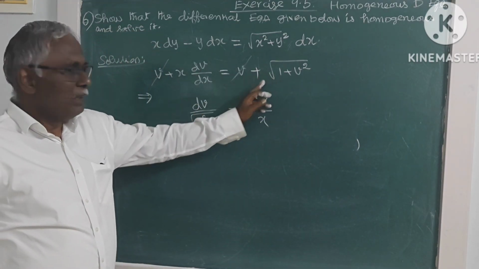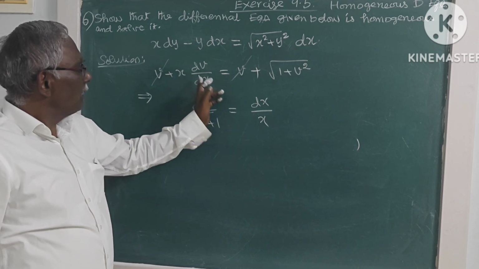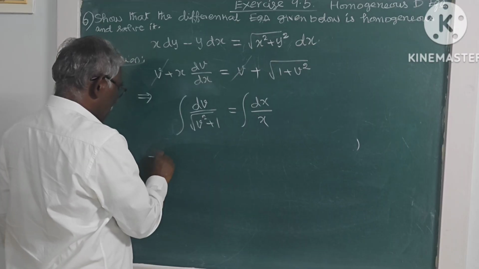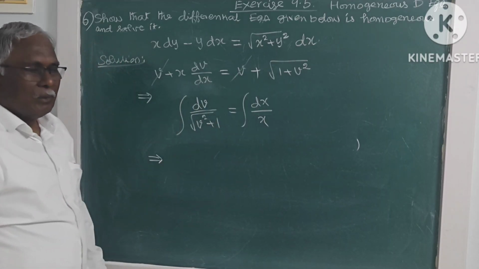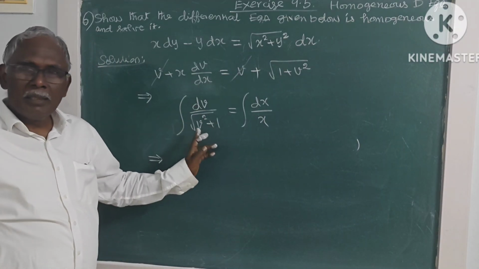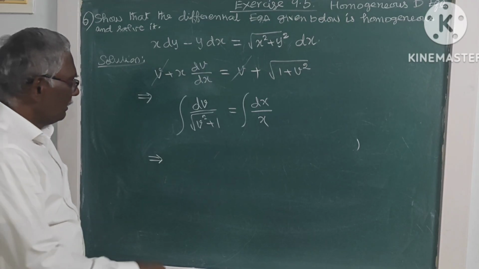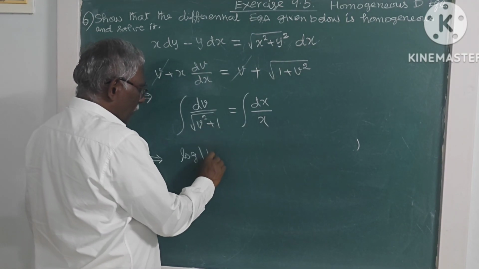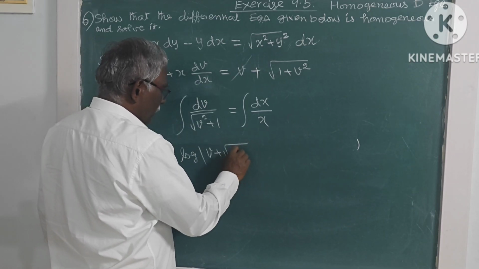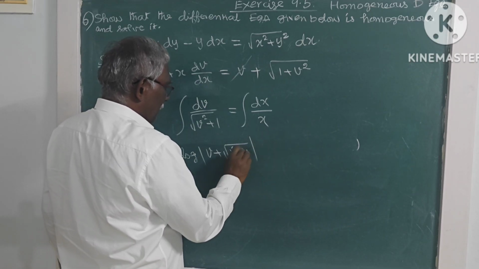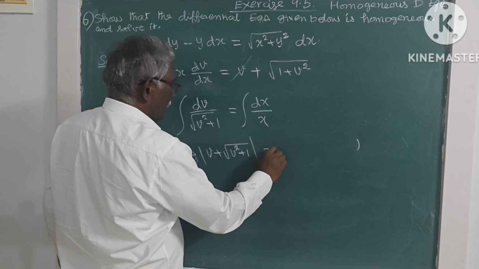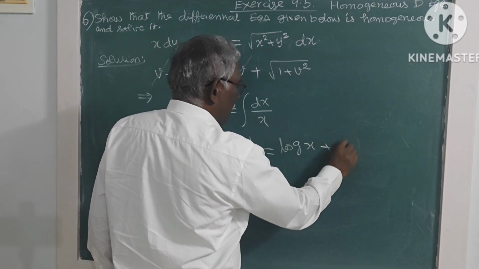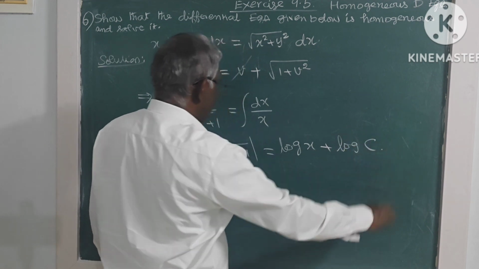dv by square root of v square plus 1 is dx by x, on integrating. So this is in the form of integral dx by square root of x square plus a square. The value will be log of v plus square root of v square plus 1. This is equal to log x plus log c.